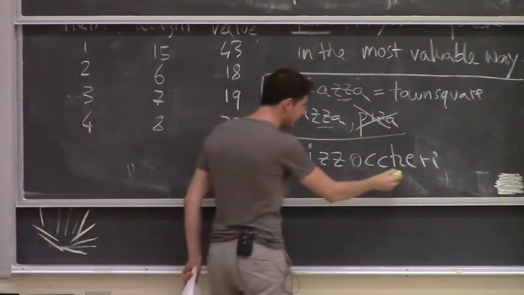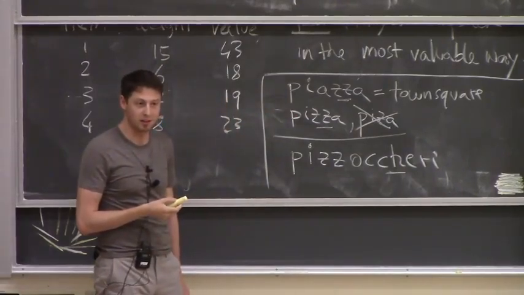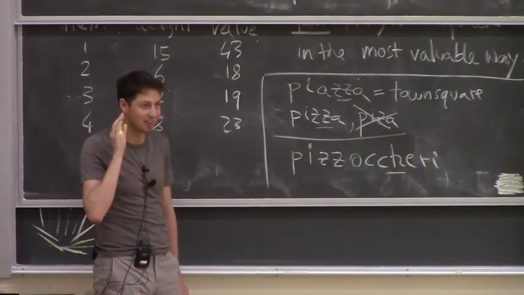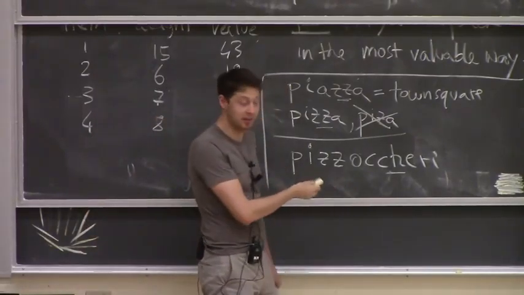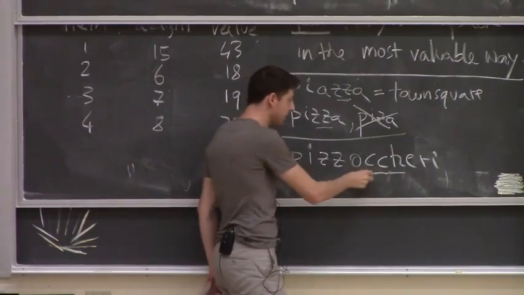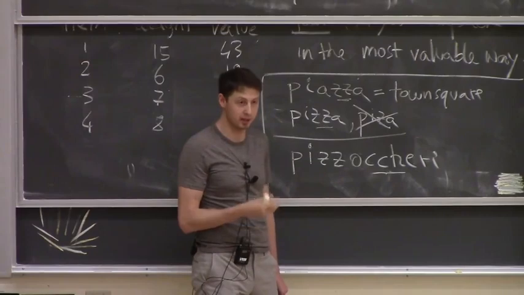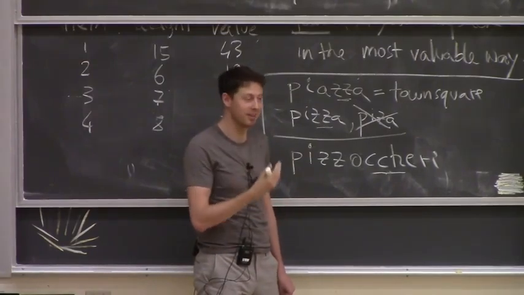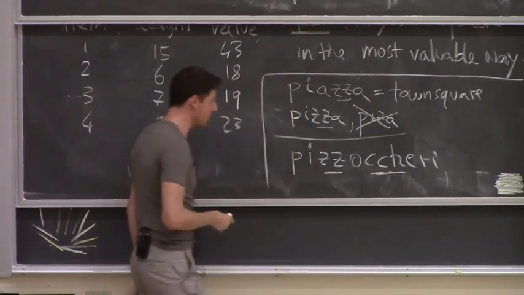Do you remember, we saw the CH before? Which is what sound? K. And now there's even another C in front, and it just never ends. So the other C is just reinforcing it. So it's a double consonant in both.